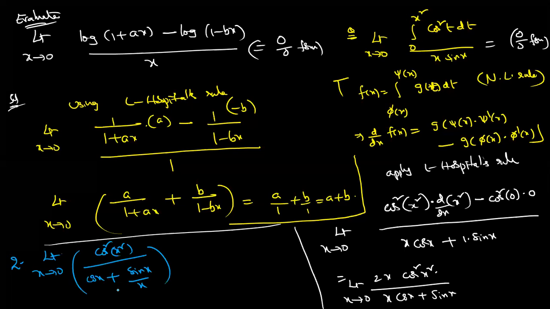See carefully, dear students. Now put x is equal to 0. Cos 0 is 1, by 1 plus 1. Why? Because limit x tends to 0, sin x by x is how much? 1. That's the meaning. So 2 by 2 actually, answer is coming 1.